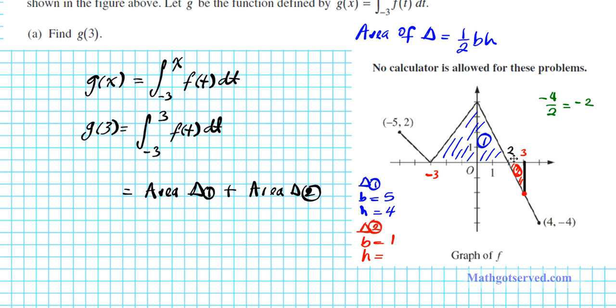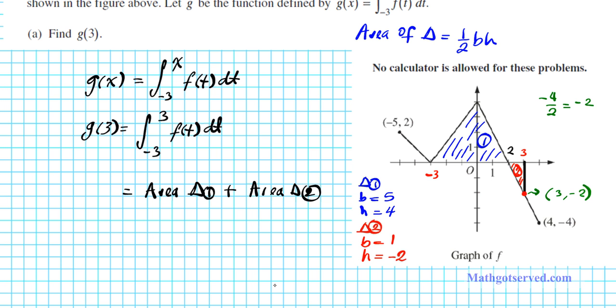So if you run 1 unit, how many units do you drop down? -2. So the coordinates of this point are basically (3, -2). That follows that the height of triangle 2 is, you gotta be careful here, -2. It's negative because we're going downwards beneath the x-axis.